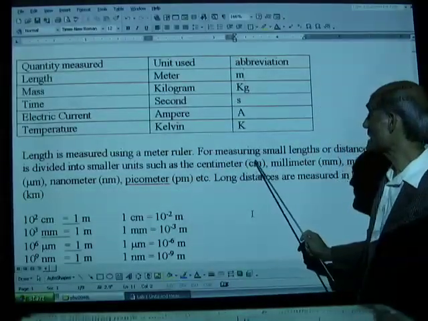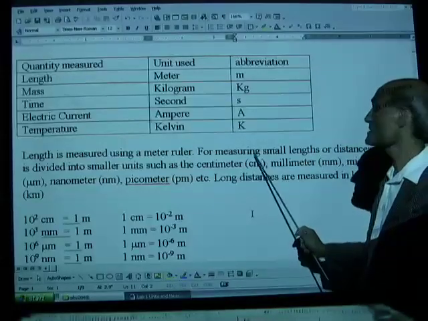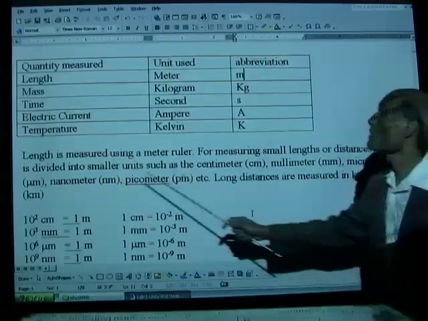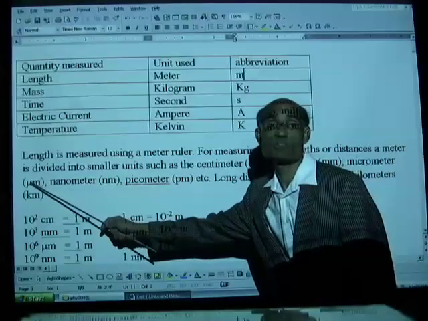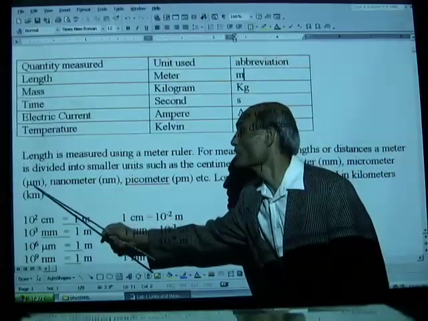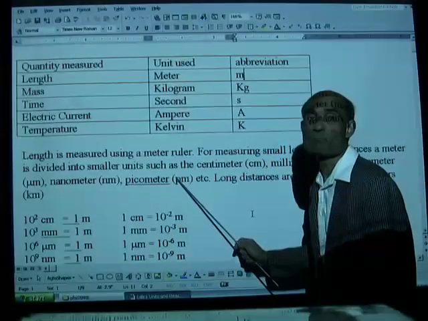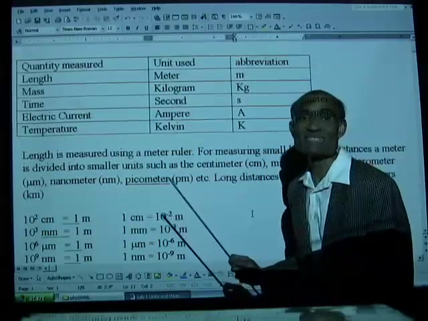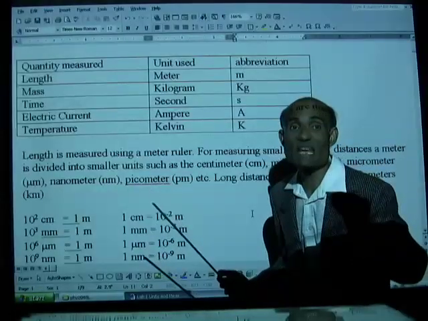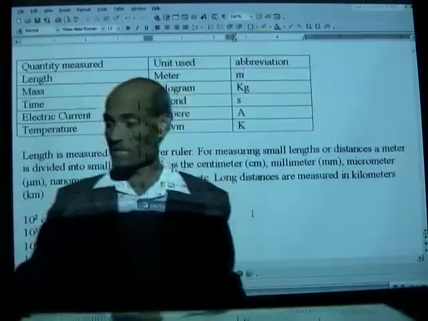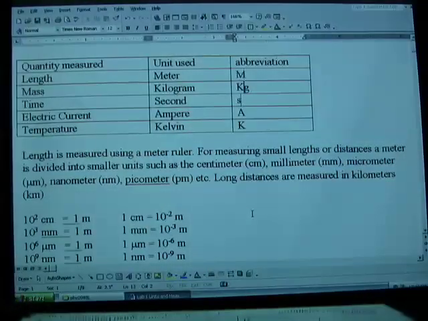A meter is divided into centimeters, millimeters, micrometers, nanometers and picometers. I want you to be familiar with these units. A picometer is 10 to the power of negative 12 meter. I have given all these here.